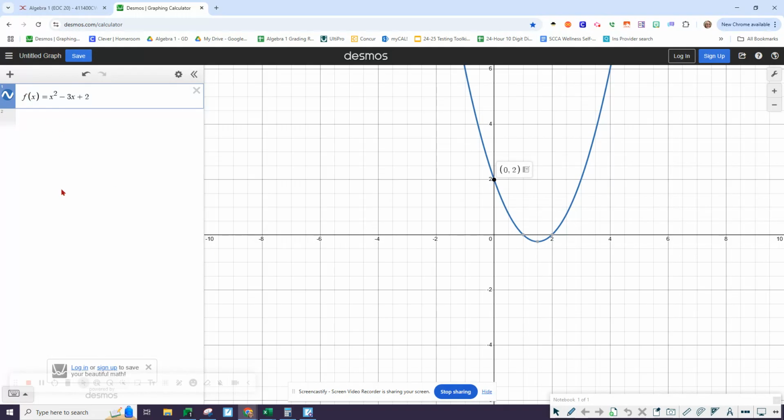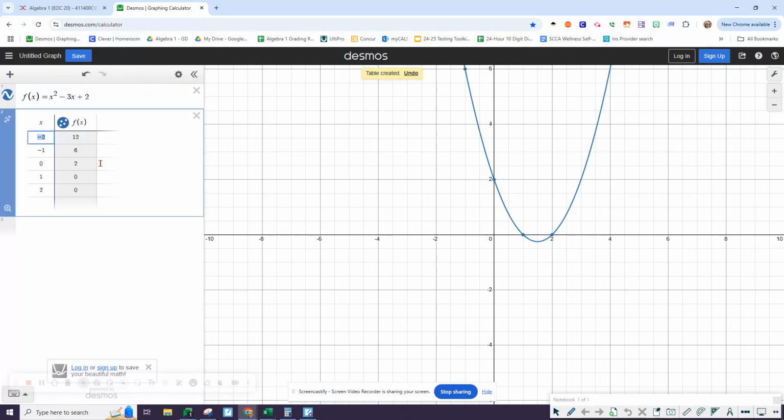Another way to explain what these f of numbers are: f of x is just a fancy way of saying what is the y value when the x value is that number in the parentheses. If you click this little wheel right here in Desmos and change this to a table, you can put in those numbers, your f of 0, f of 1, f of 2, and it will tell you what the y values are at those points.